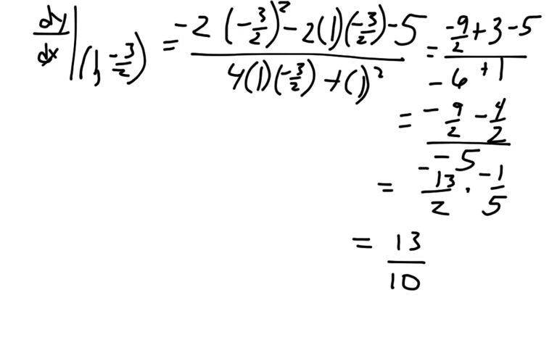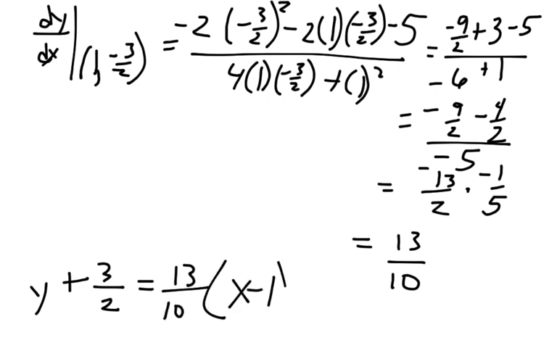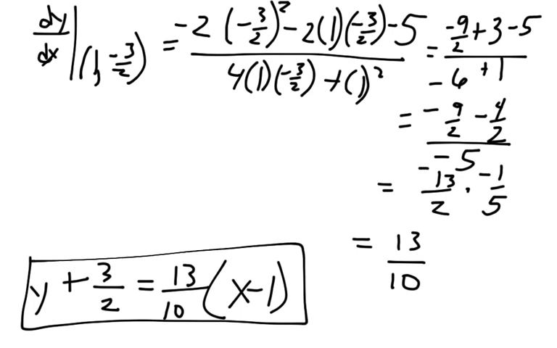So the slope of the first line will be 13/10. So I'll have the equation y plus 3/2 equals 13/10 times (x minus 1). There's the answer for the first one.